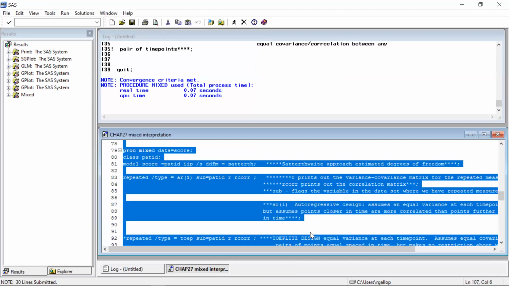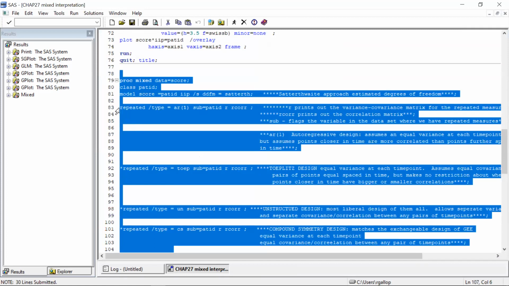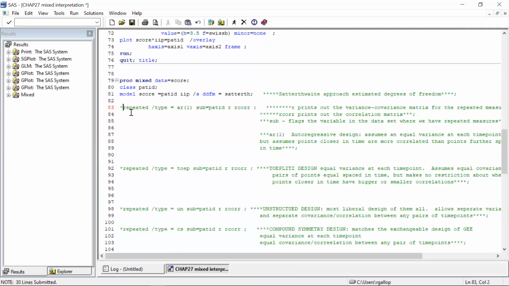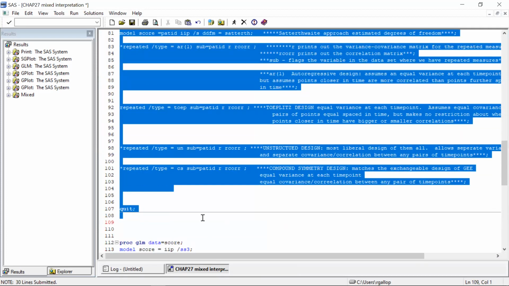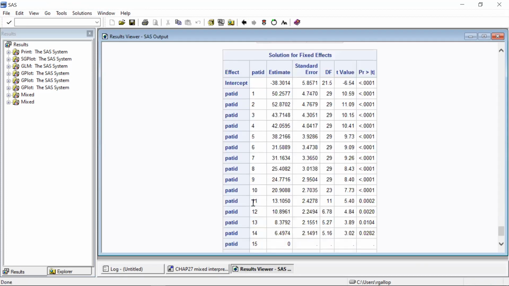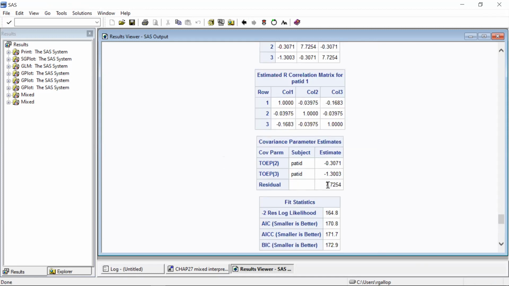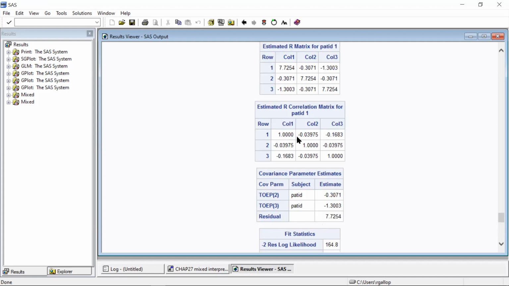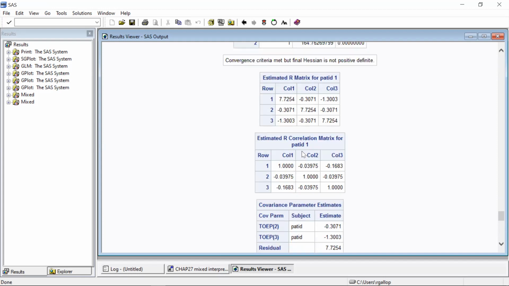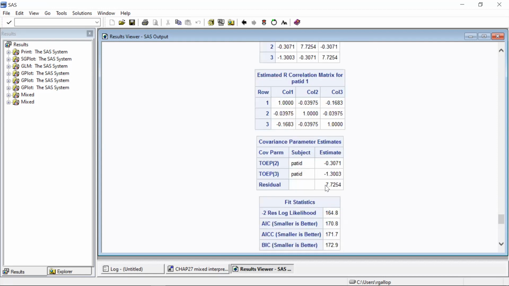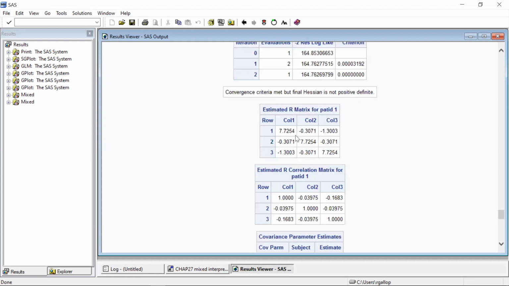The Satterthwaite method gives degrees of freedom that can be decimals, so that's fine. I'm going to highlight this and unhighlight the Toeplitz. So when I fit the Toeplitz, you can see here are the 3 parameters we assumed would be estimated. Here's my variance at each time point.